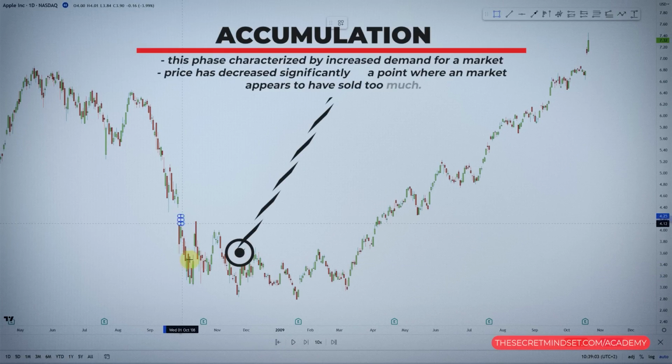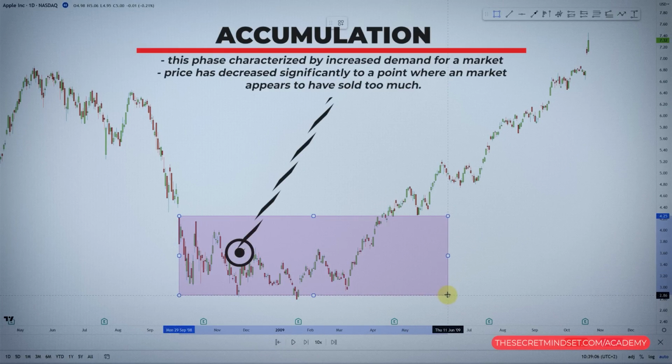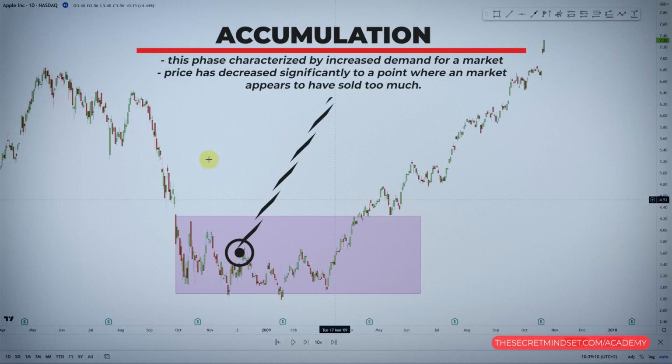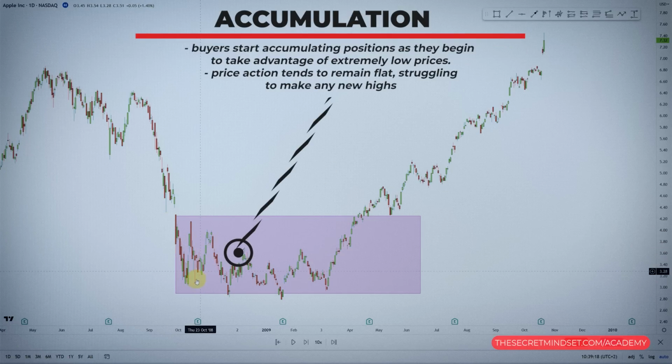Accumulation is the first cycle. This phase is characterized by increased demand for a market. It typically occurs when the price has decreased significantly to a point where a market appears to have sold too much. In this area, buyers start accumulating positions as they begin to take advantage of extremely low prices.